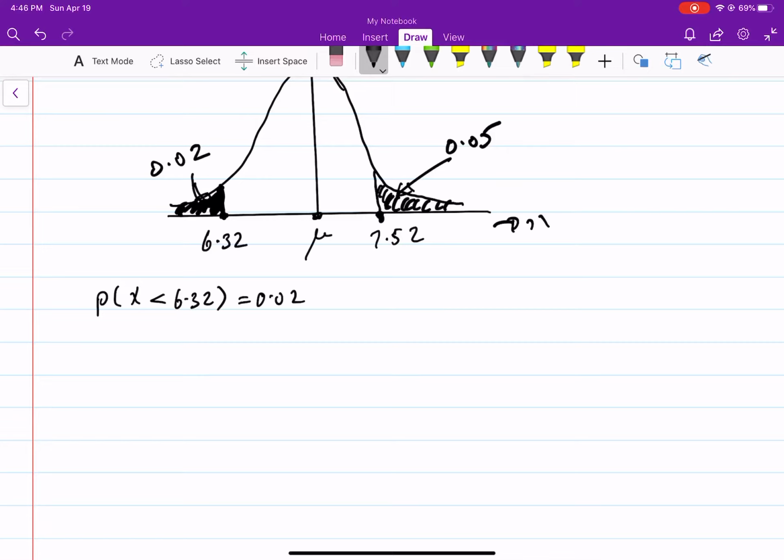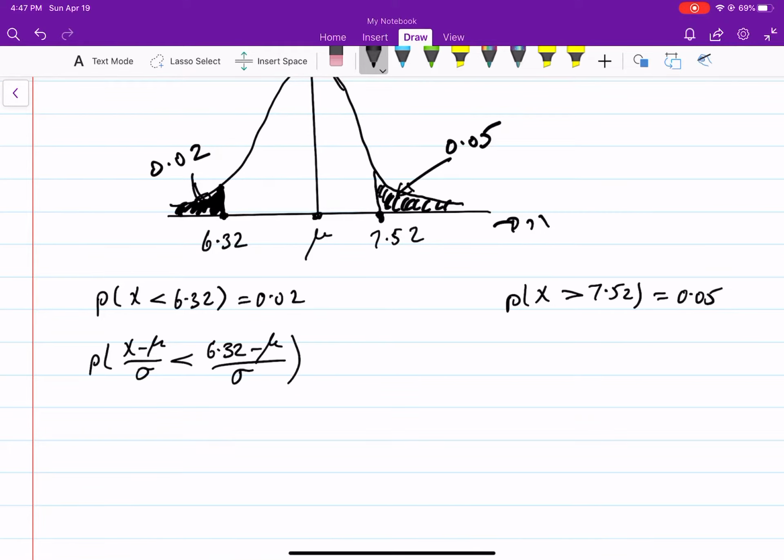And on the other side, I'll say the probability that x is greater than 7.52 is equal to 0.05. I'll standardize both sides. The probability that x minus mu over sigma is less than 6.32 minus mu over sigma is equal to 0.02.